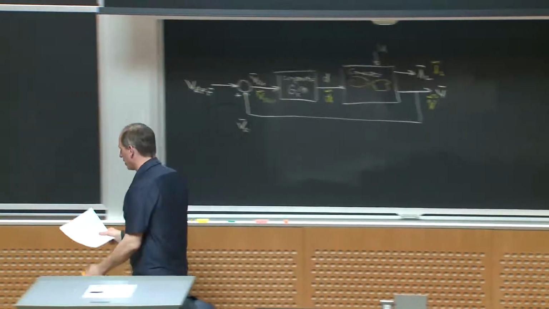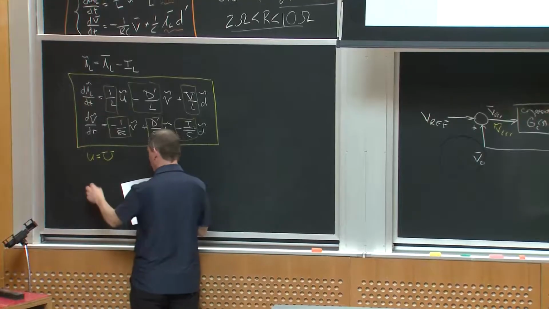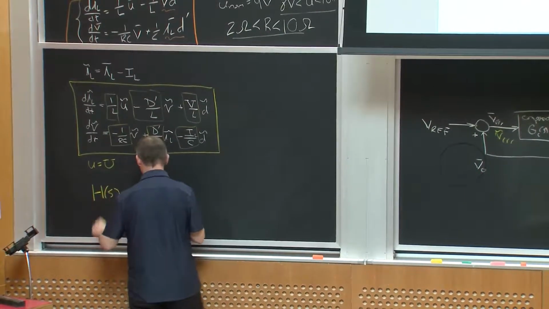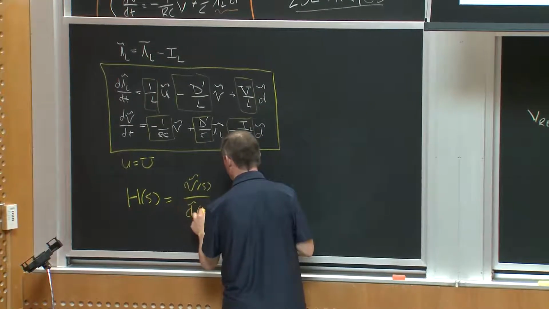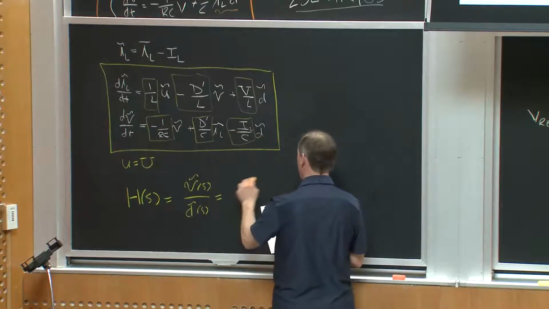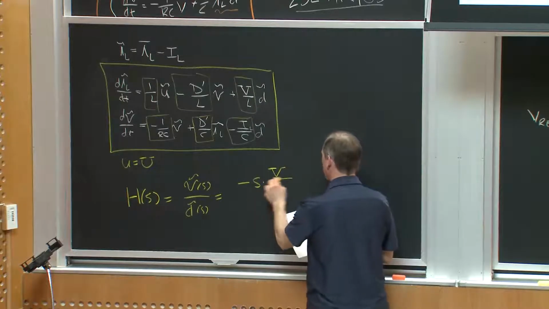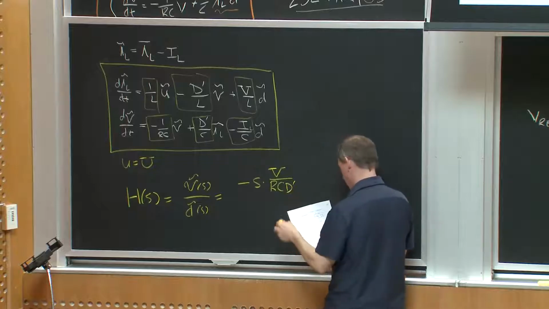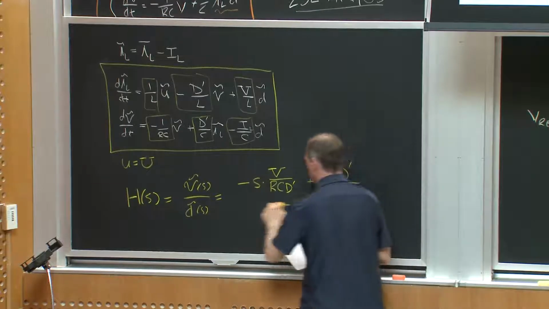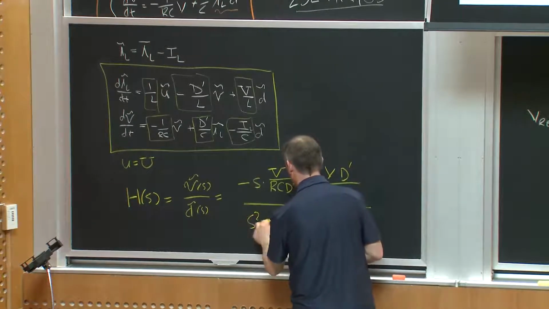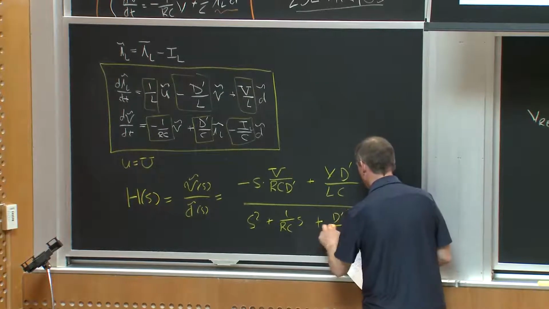And if we do that, with U equal to U, in other words the input's not changing, what I get is H of S is equal to V tilde of S over D tilde of S, which is equal to minus S times V over RCD prime plus VD prime over LC, divided by S squared plus 1 over RC S plus D prime squared over LC.